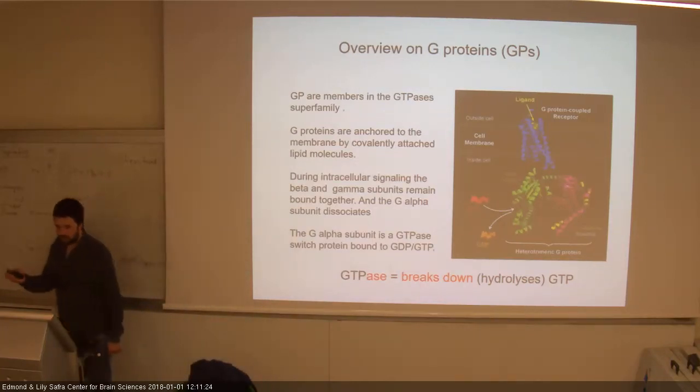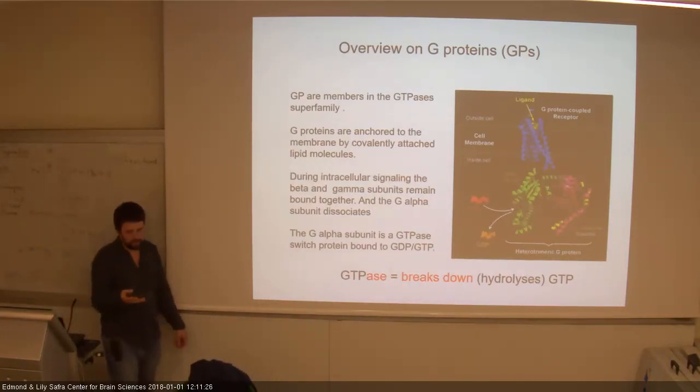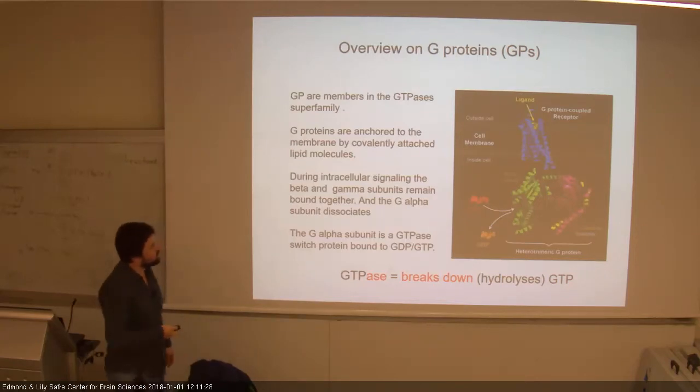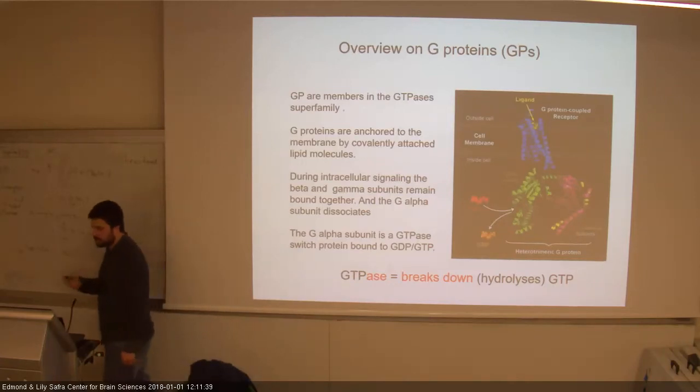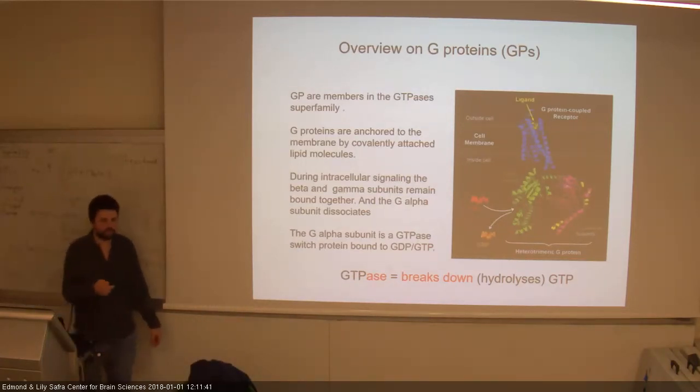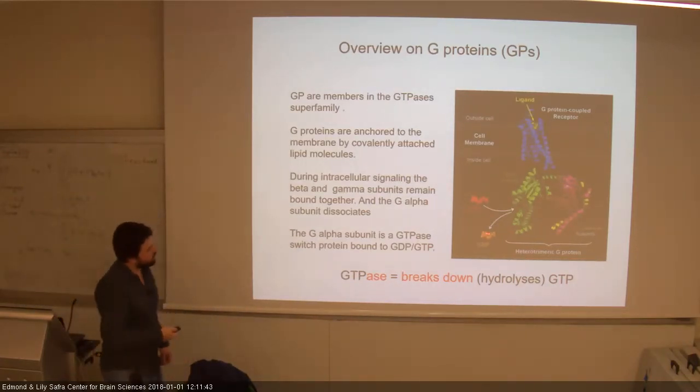GTP is very similar to ATP, but just with a different base. So it's a high energy molecule, less common than ATP, but still an energy or phosphate giving molecule.